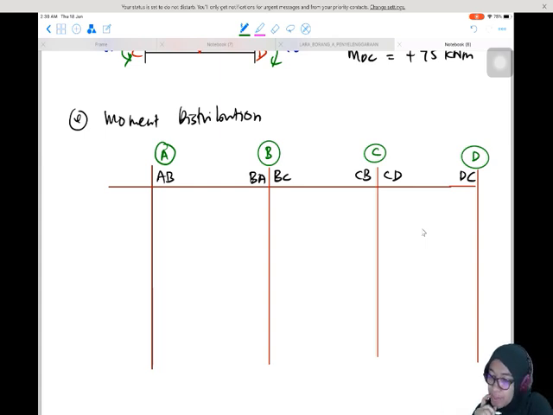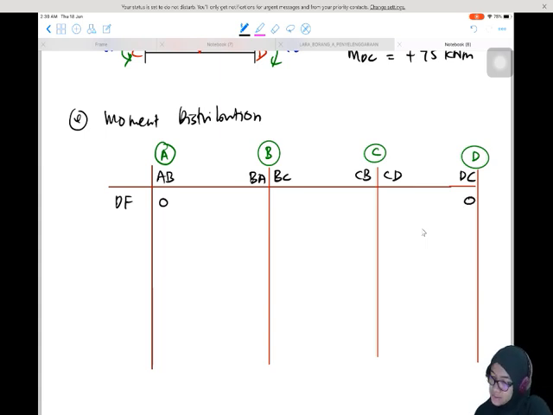So we will start with the distribution factor. Okay, at AB, fixed, this is 0. DC is also 0.